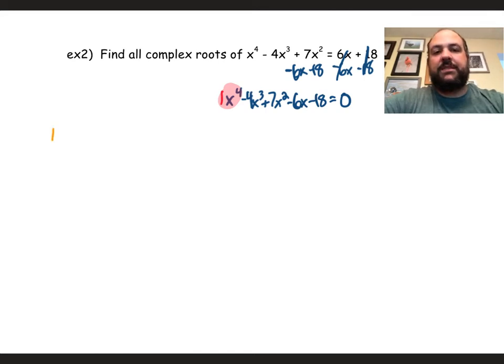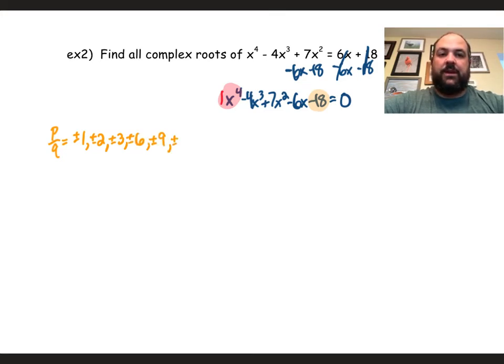So I can just go directly to p over q, and those are going to be the factors of negative 18. So I'm going to have plus or minus 1, plus or minus 2, plus or minus 3, plus or minus 6, plus or minus 9, and plus or minus 18. And I'm going to start by testing them to see if any of them work.